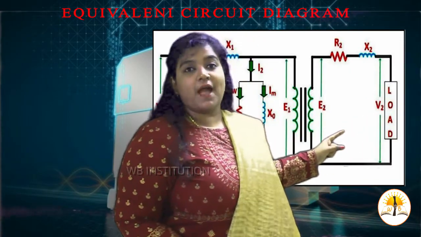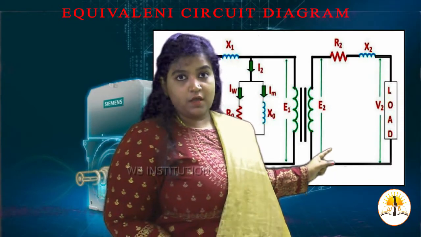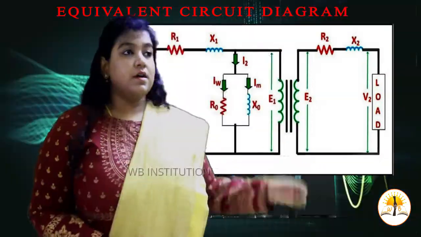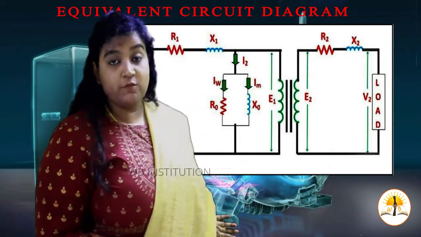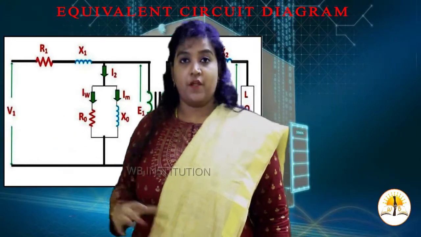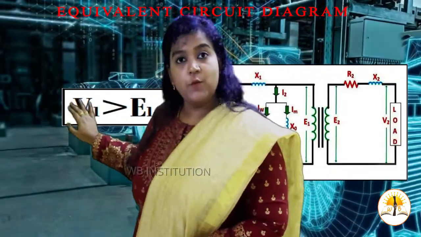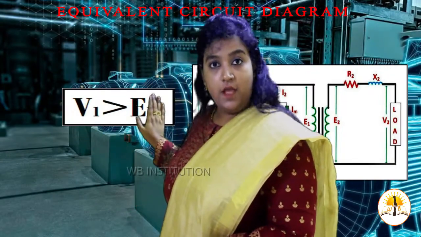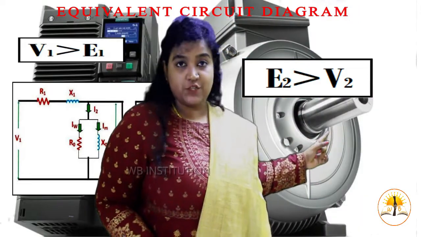Now, it generates a magnetic flux with respect to that of the EMF generated over here, which is denoted as phi dash. The generated phi dash always opposes the phi which is generated by the primary side, meaning that it depolarizes. Just imagine the equation here. In the primary side, V1 is always greater than E1, whereas in the secondary side, E2 is always greater than V2.